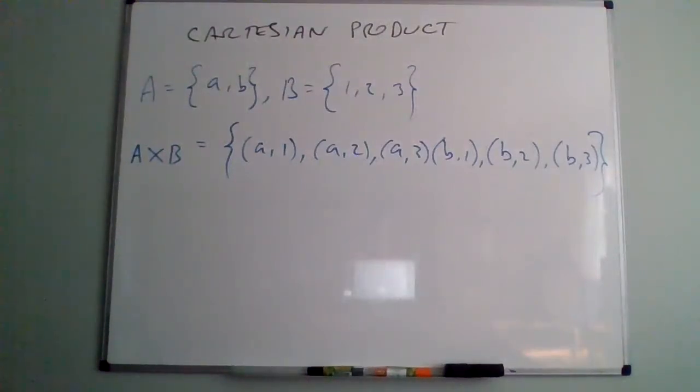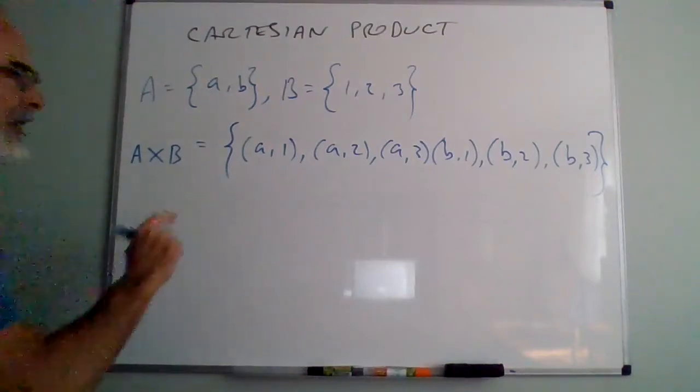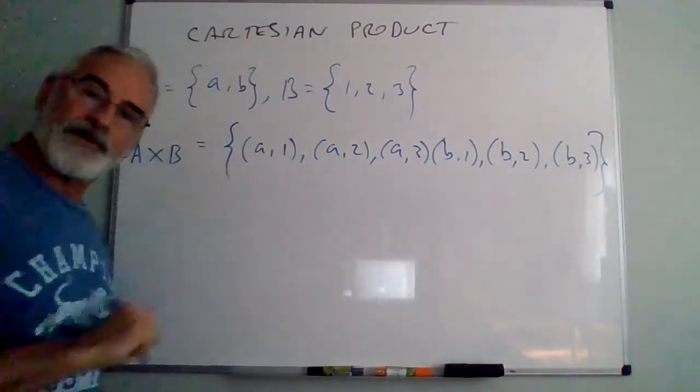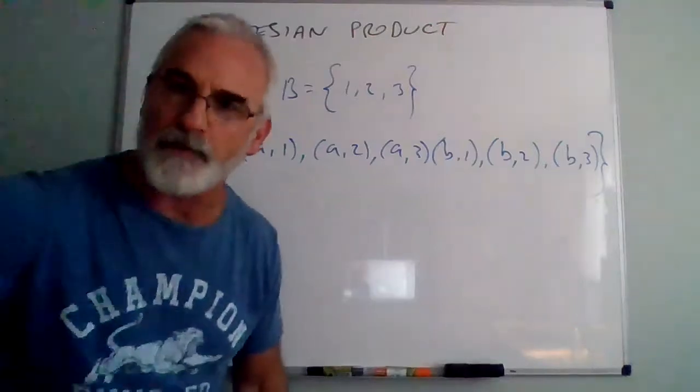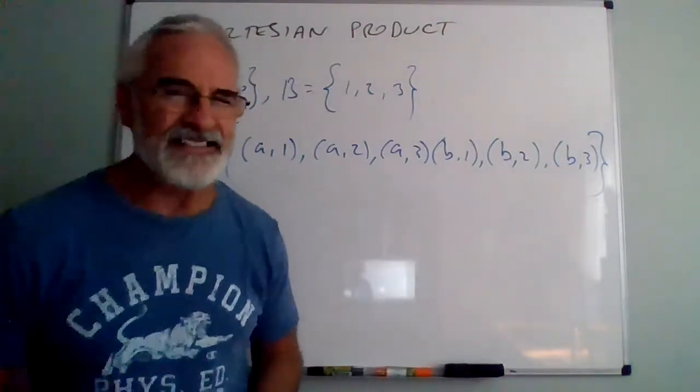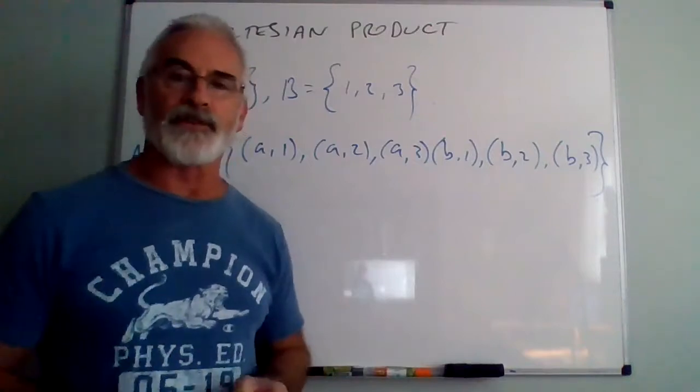Now, there's some vocab, and some of this I'm going to introduce, we're going to work with more specifically next day, but there's some stuff going on here. This is an ordered pair. And normally when we think of ordered pairs, we always think of the first element coming from the domain and the second element coming from the range. That's pure algebra. But that's not exactly the terminology we want to use in this case.